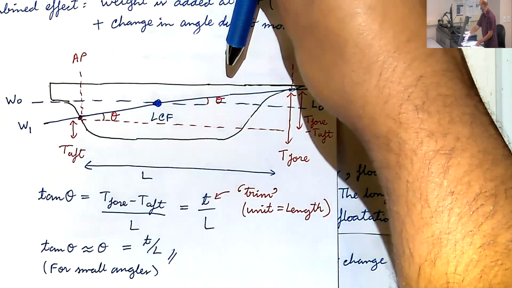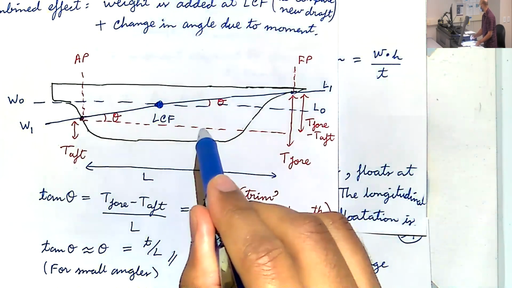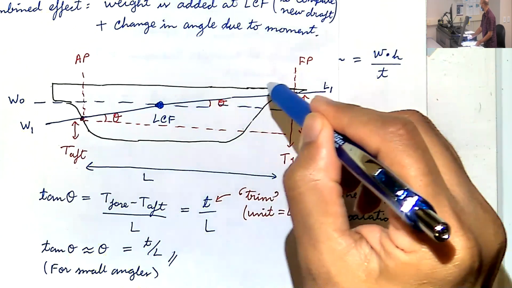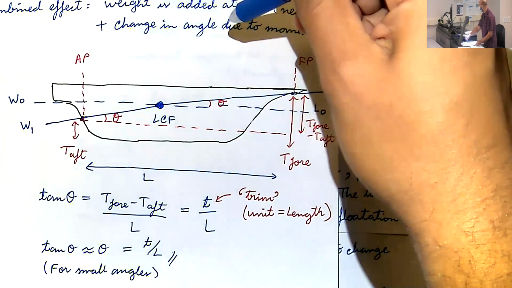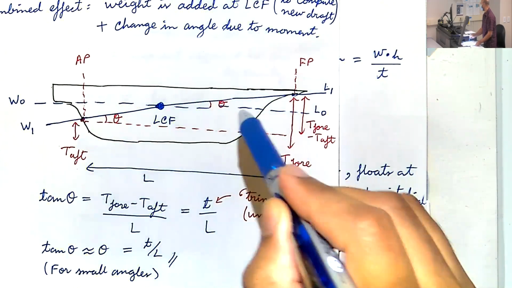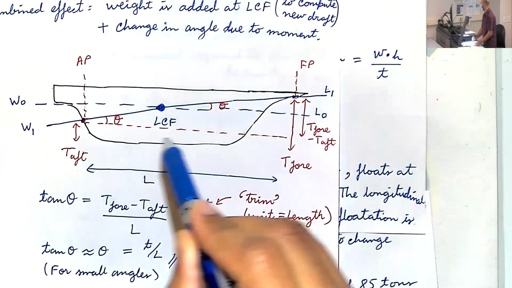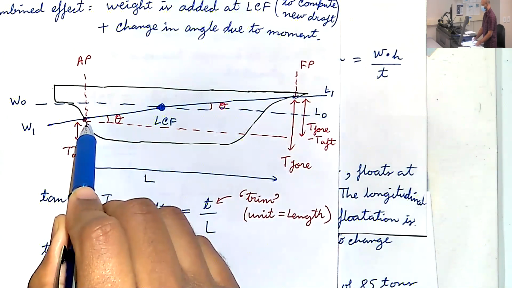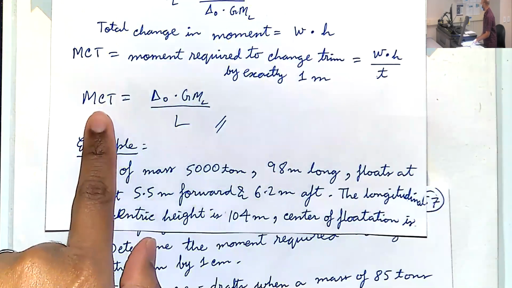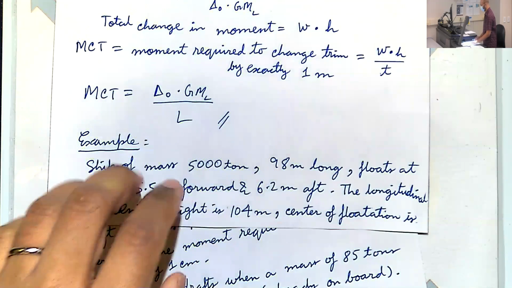How much moment should we push down the ship, either in the clockwise rotation or in the anti-clockwise rotation, right? If you put a very heavy weight near the forward section, that would basically generate a downward force. And that causes the ship to rotate clockwise. This is what gives you more immersion in the forward location compared to lower immersion in the aft location. Okay, and that formula represents exactly how much moment you need to change the trim by 1 meter.